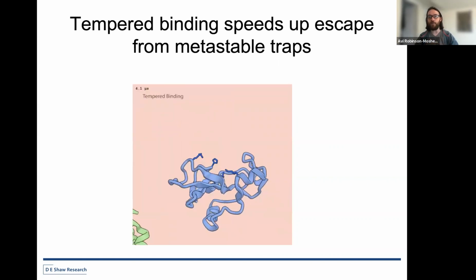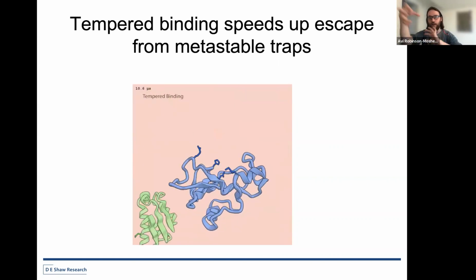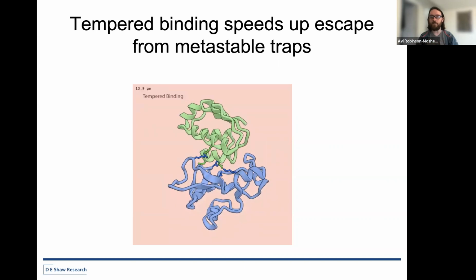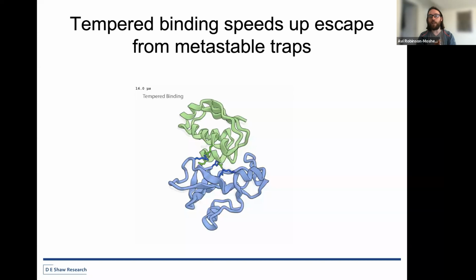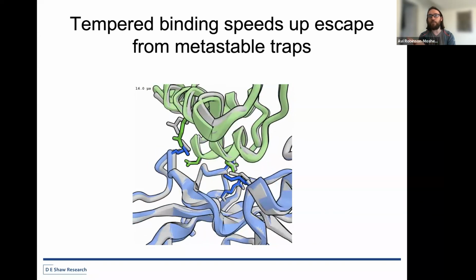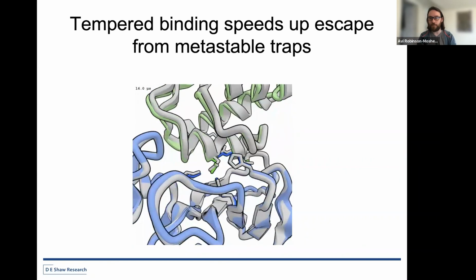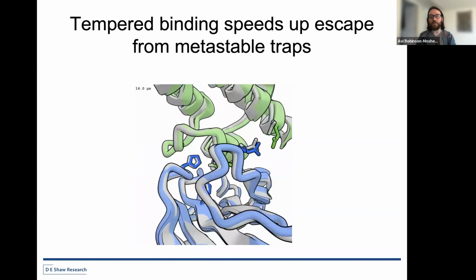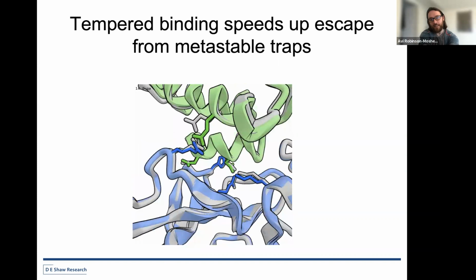If we then run with tempered binding, it tries a bunch of different orientations relative to its partner. And if we look at how this one compares to the state from the crystal structure, it is a very good match. Actual chemists will tell you that particularly some of these side chain interactions are important, and it's nice that those show up in exactly the way that they should.